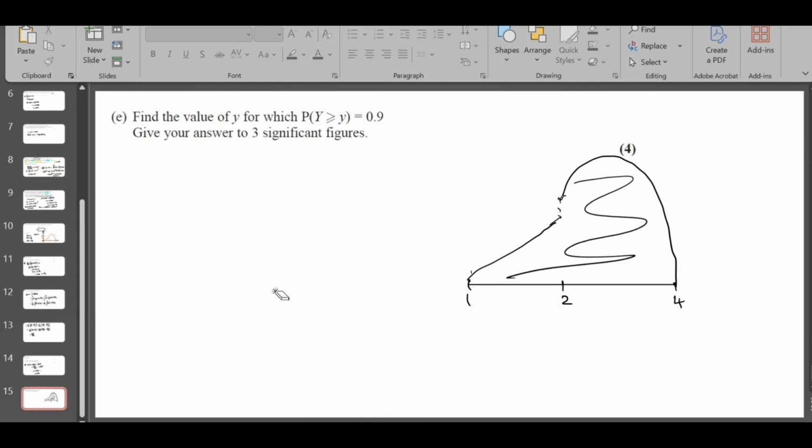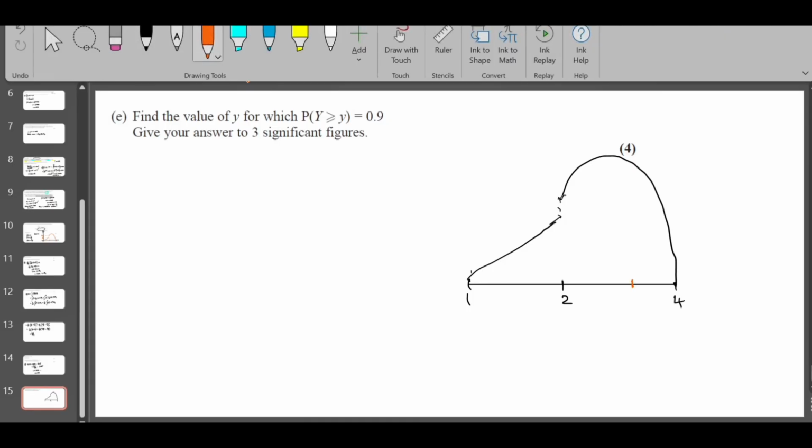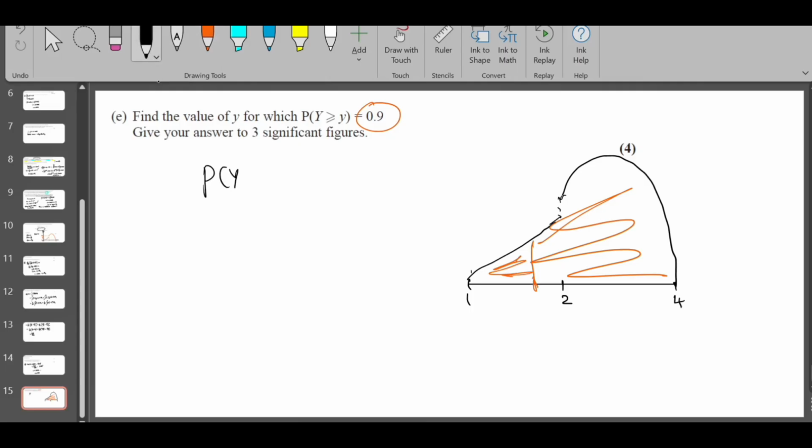We don't know where y is, but we know the area on the right hand side of y is 0.9. So definitely the left hand side area will be 1 minus 0.9.